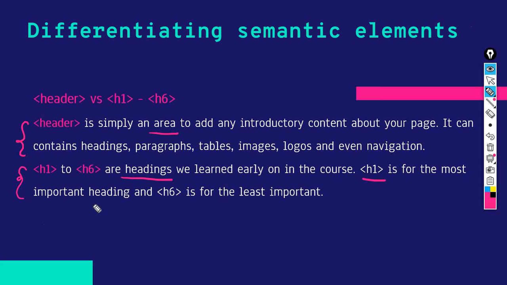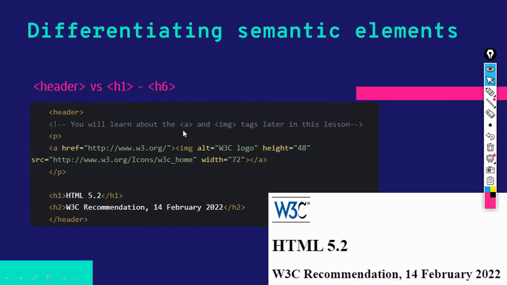H1 is for the most important heading and H6 for the least important. Let's see an example of how to use the header and H1 to H6 tags in your web page.